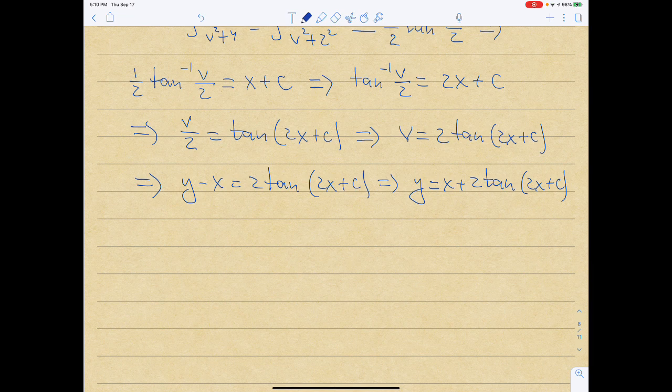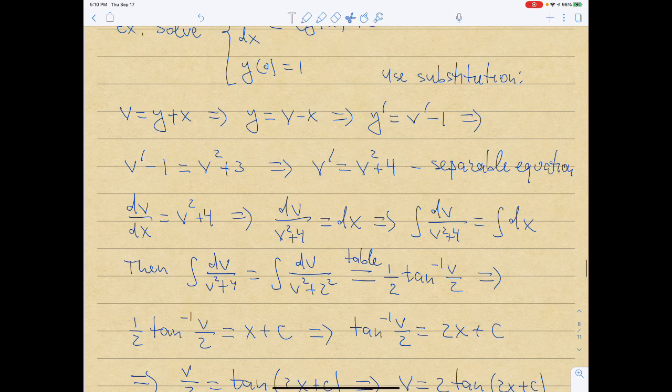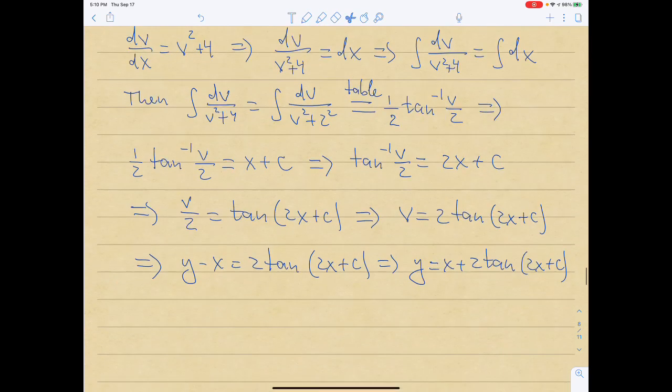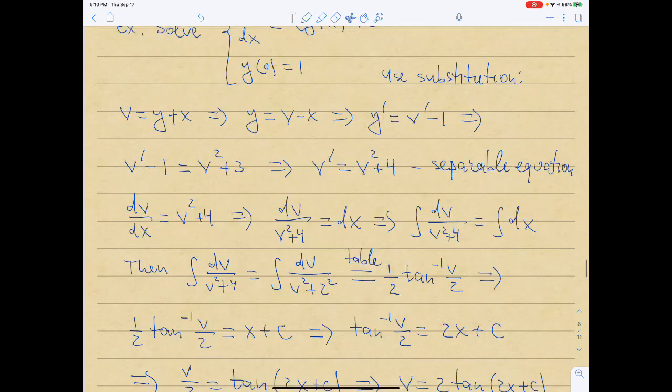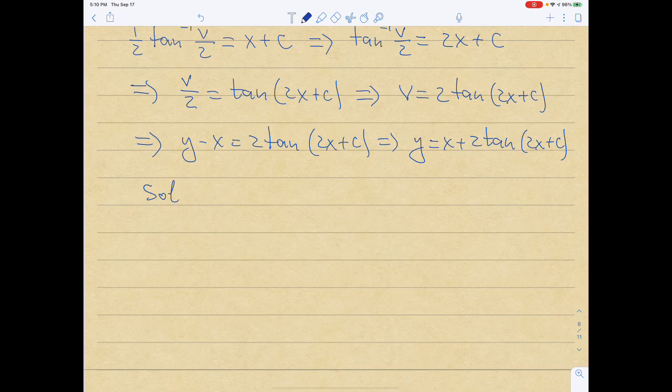Okay, and so then we're trying to solve our initial value problem. So let's see. To solve the initial value problem, I need to plug in 0 for x and 1 for y. So we solve the IVP. Y is equal to 1, x is equal to 0, so 1 equals 0 plus 2 tangent of 2 times 0 plus c.